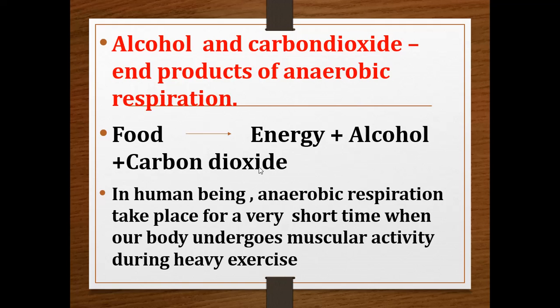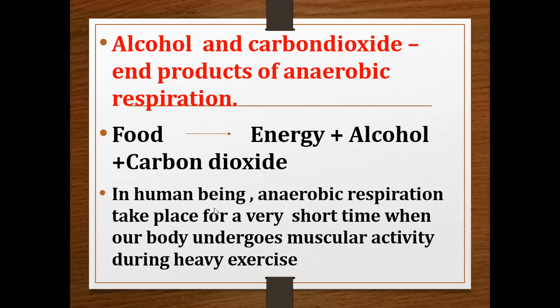Okay, so what are the two organisms which breathe anaerobically? Examples of organisms which breathe anaerobically are yeast and bacteria. Understood, children? So what are the end products of anaerobic respiration? Alcohol and carbon dioxide.